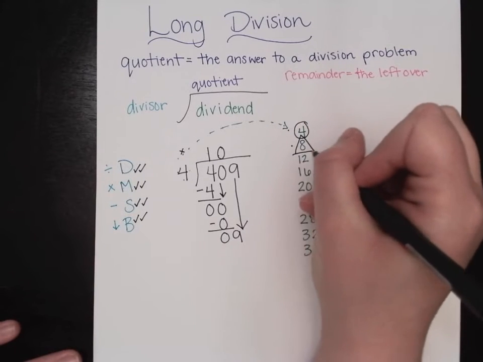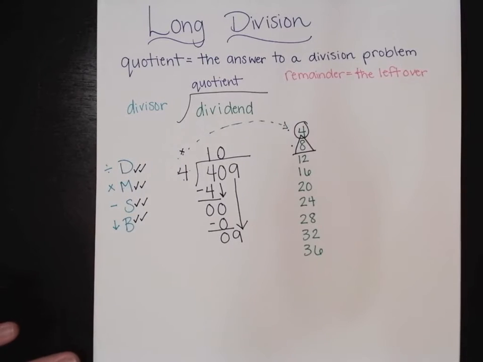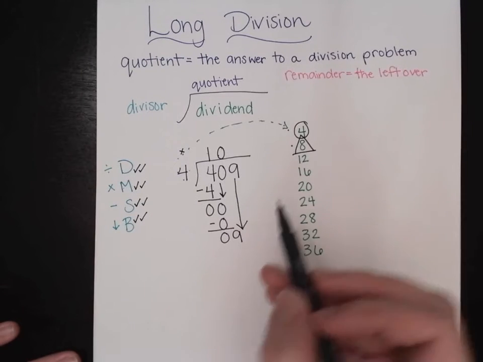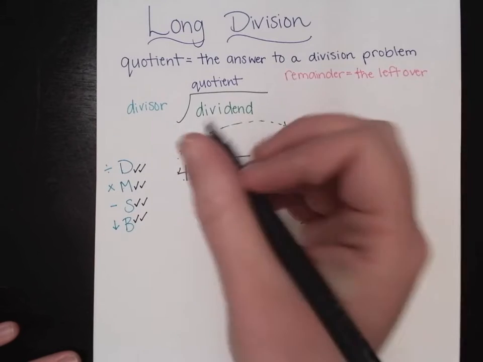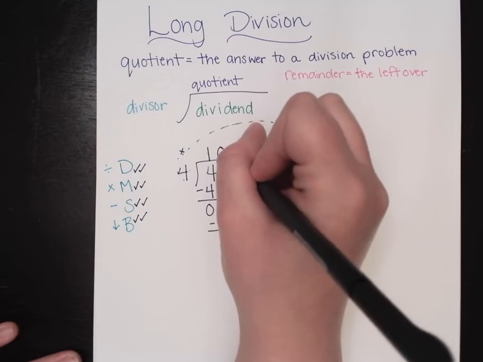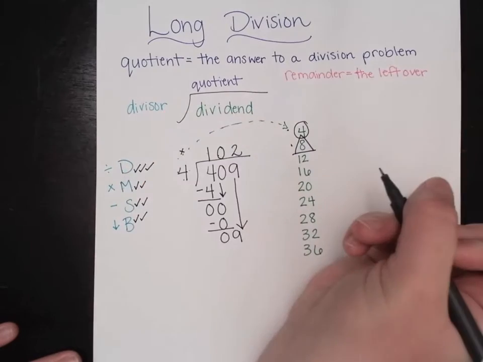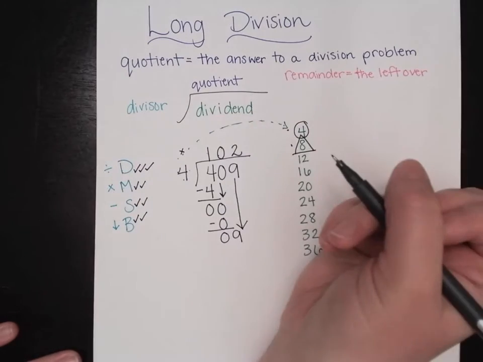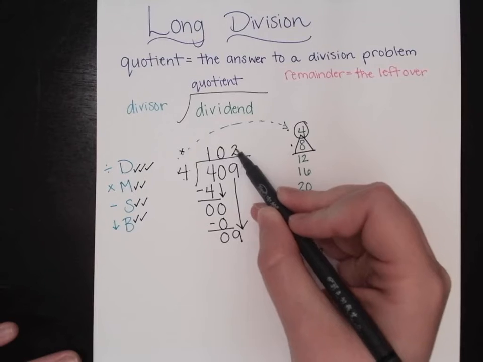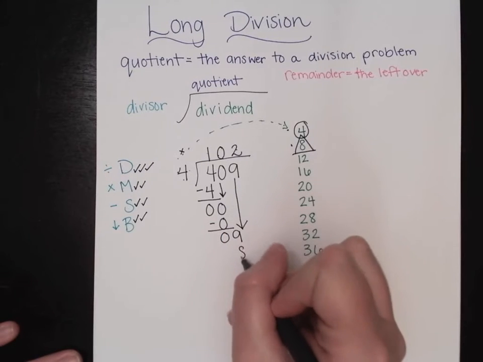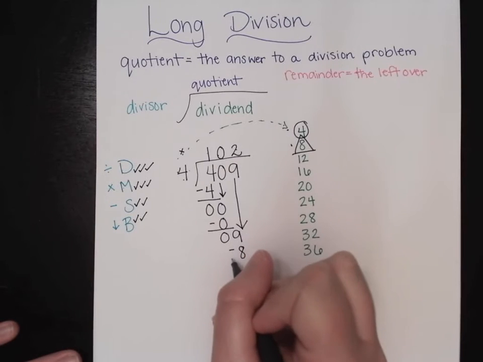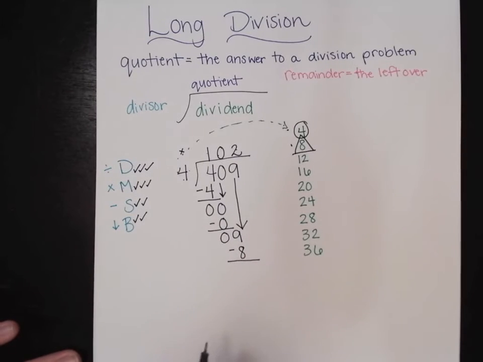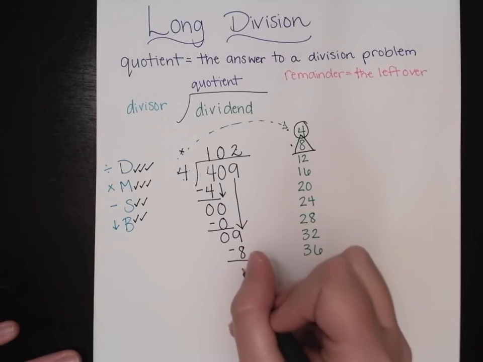I'm going to put a triangle around number 8 so you can see it. 4 goes into 9 2 times. Check for your division. Now you're on multiply again. So 2 times 4 equals 8. Now we're subtracting. 9 minus 8 equals 1.